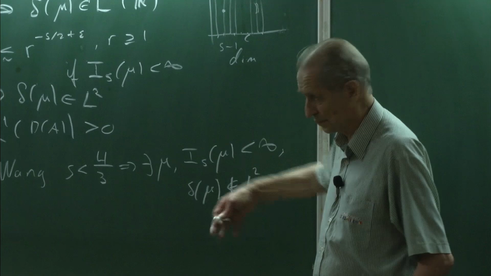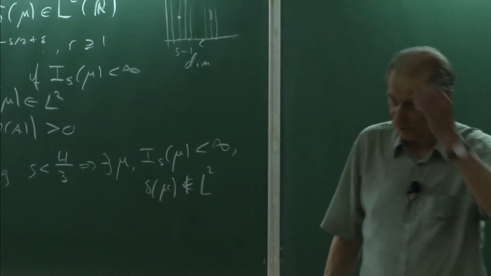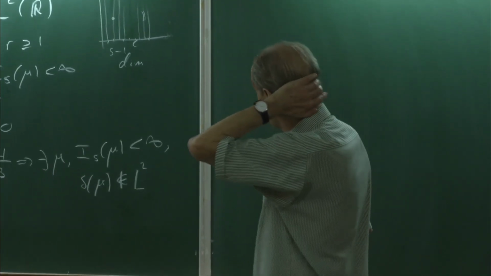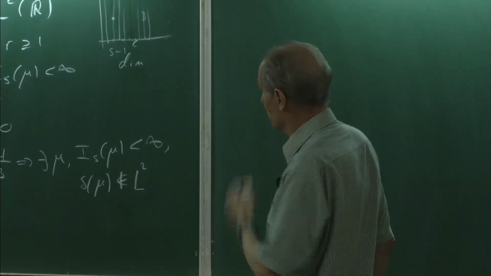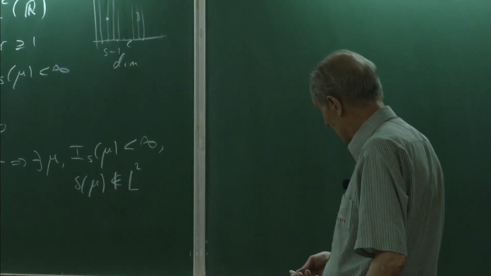But if you have L1, then all kinds of measures converge to Dirac delta, for example, in L1, with bounded L1 norms. So it's important to get to some Lp.